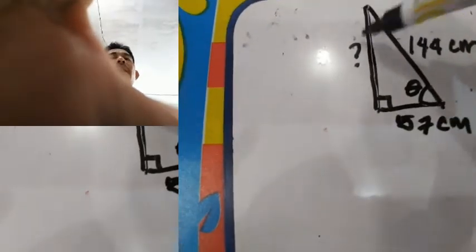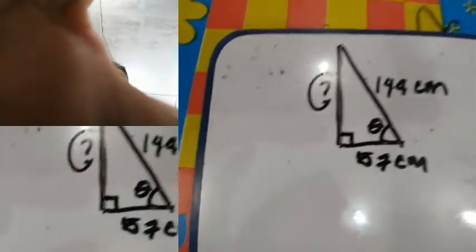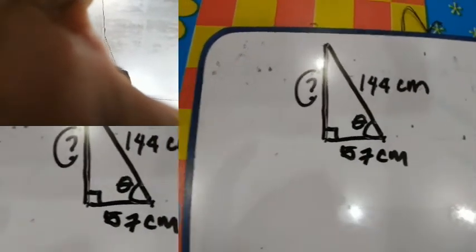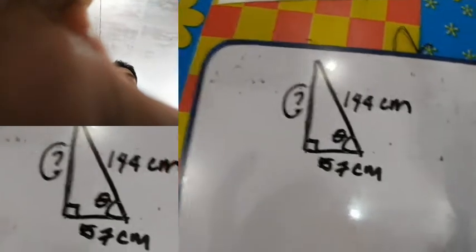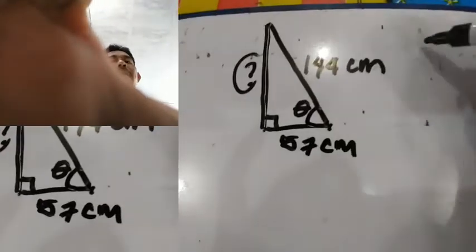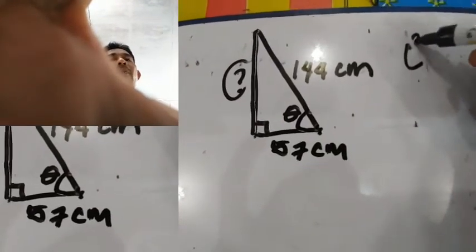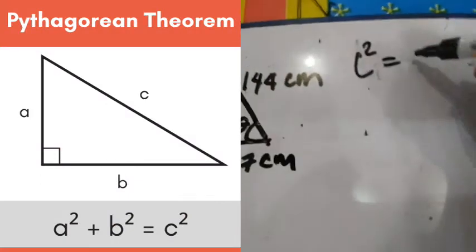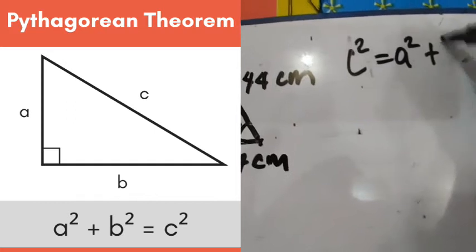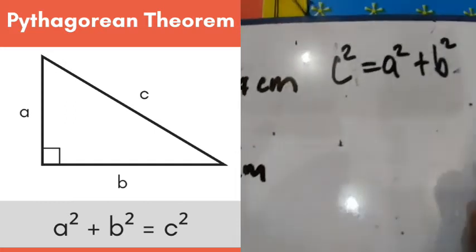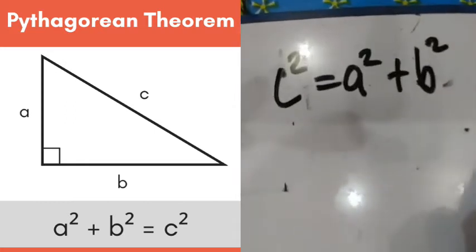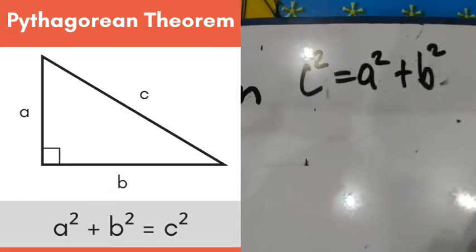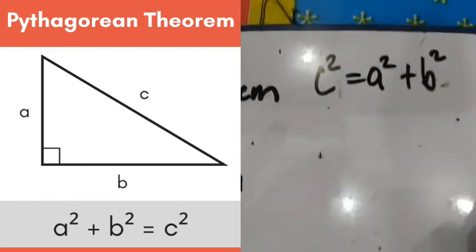To find here, we can use the Pythagorean theorem. The Pythagorean theorem states that the square of the hypotenuse C is equal to the sum of the squares of the legs, or C squared equals A squared plus B squared.